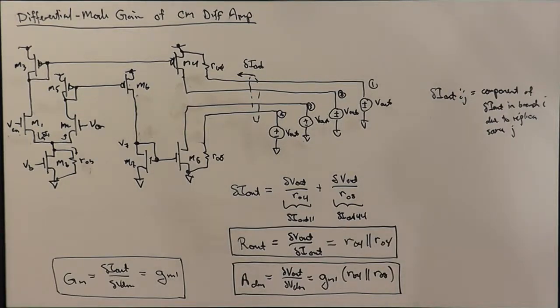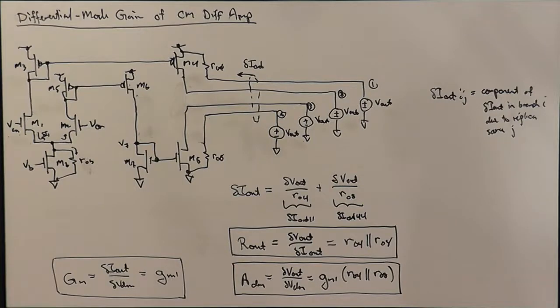Unfortunately, if you think about how much smaller the common mode gain is than the differential mode gain, the differential gain was something like 100 or several hundred, and the common mode gain was something like 1 over 100, or maybe 1 over several hundred. If that's the case, then if we have a mixture of common mode currents and differential mode currents that we're considering, those common mode currents are on the order of 0.01% as large as what's going on in the differential mode.